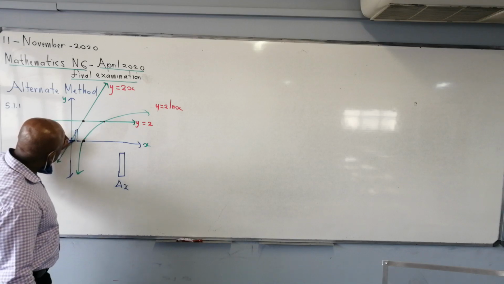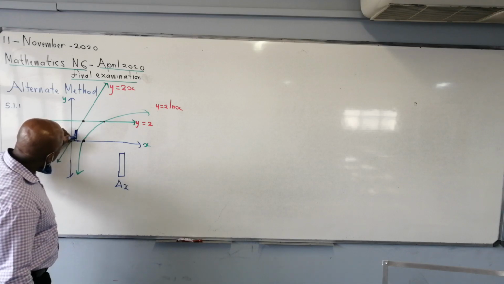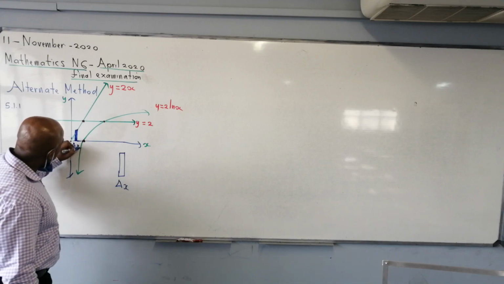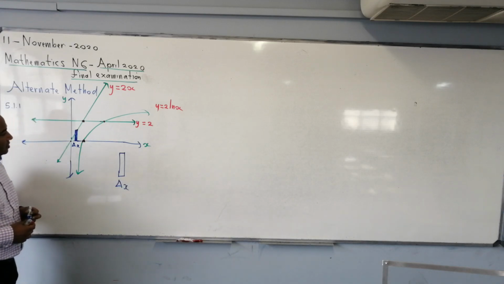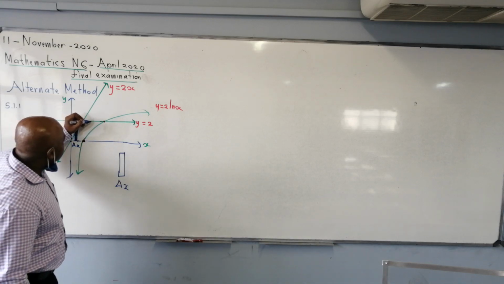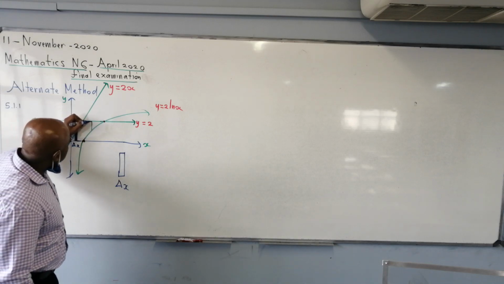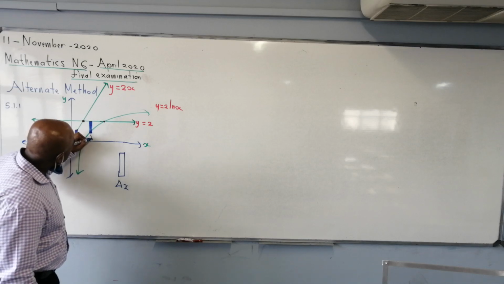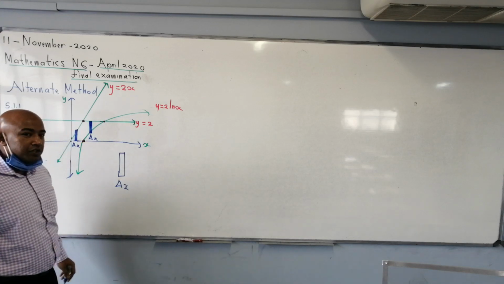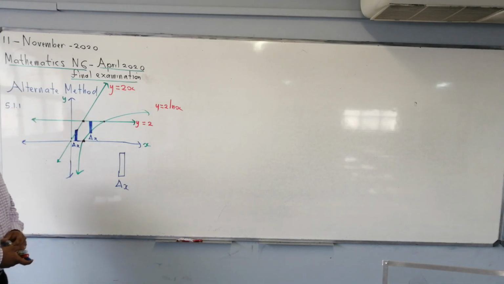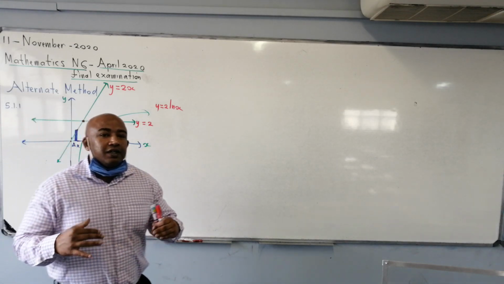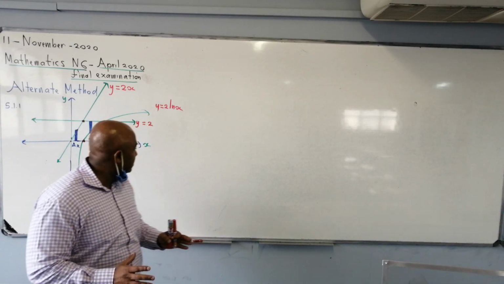If I draw my representative rectangle here, here's my delta x. If I draw my representative rectangle here, what do you notice? You notice now that there are two different areas.